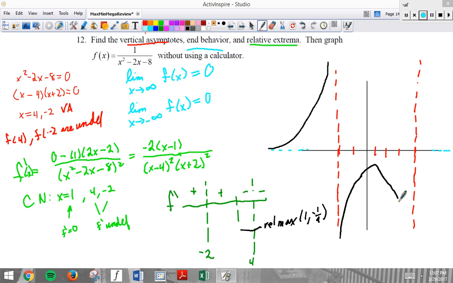And then I switch to decreasing. And now I'm going to be decreasing again, going off to that horizontal asymptote. I'm so sorry, really ugly. 1 comma negative 1, 9. Okay. Something like that. It's good enough for me.